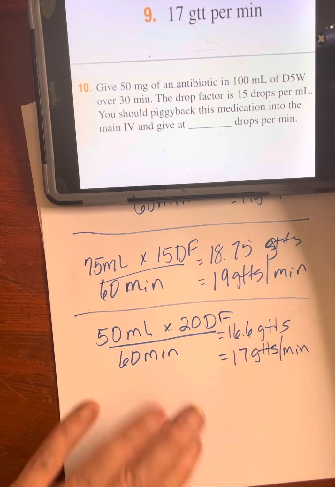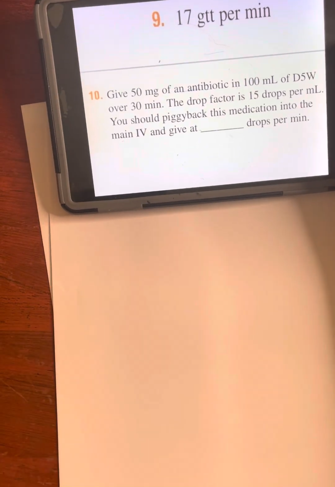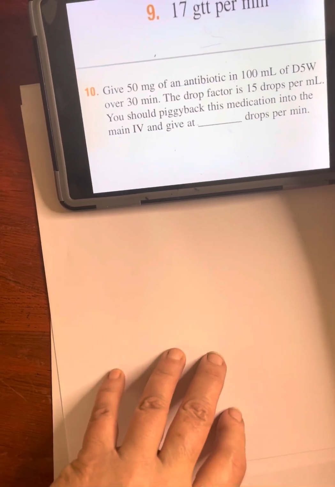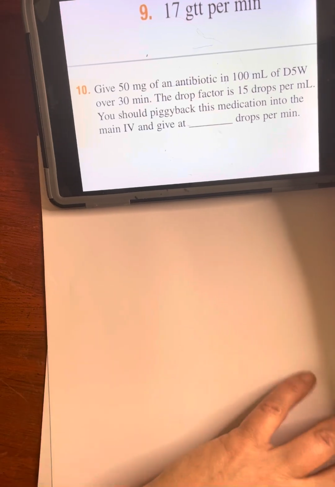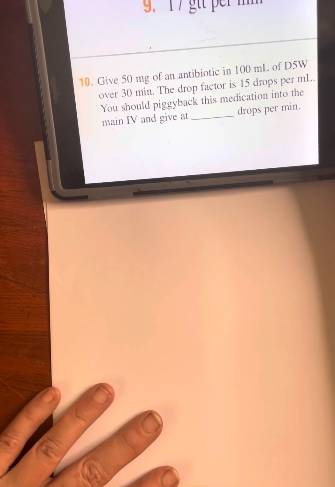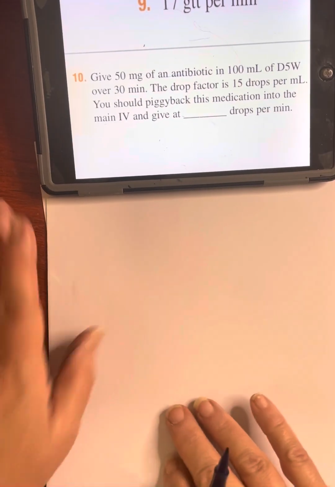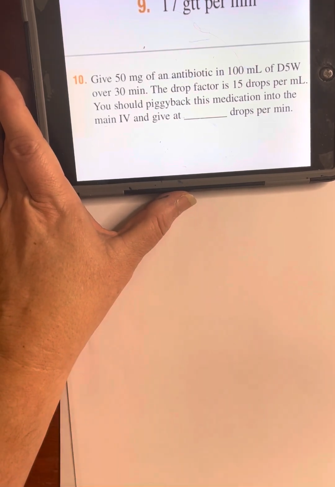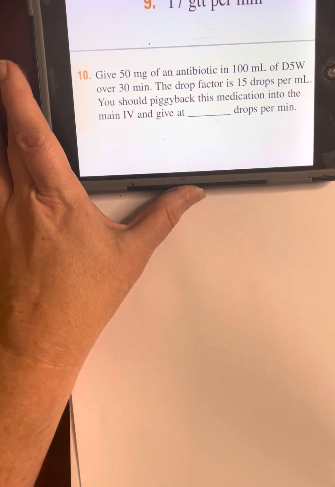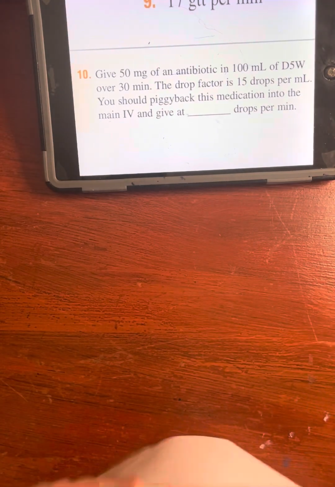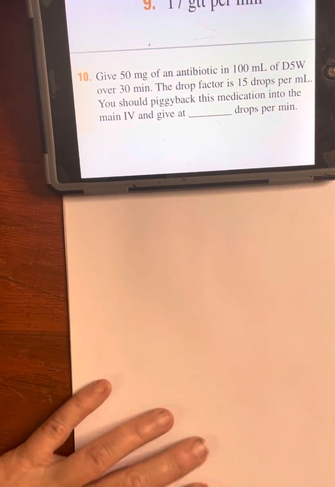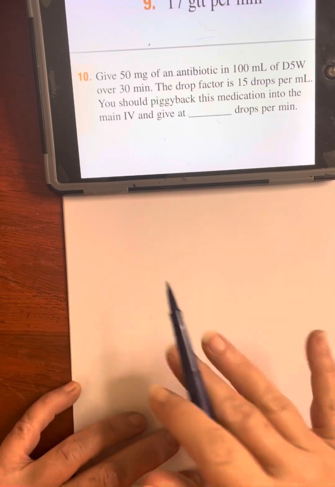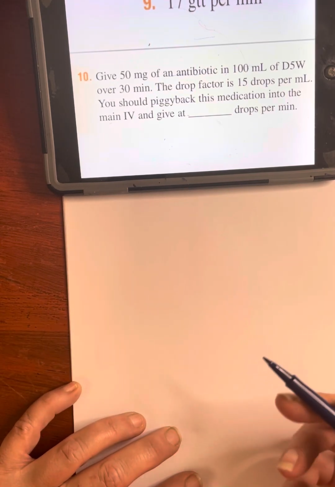You are to give 50 milligrams of an antibiotic and 100 milliliters of D5W over 30 minutes. The drop factor is 15. The 50 milligrams is a distractor. You don't need that to work this.